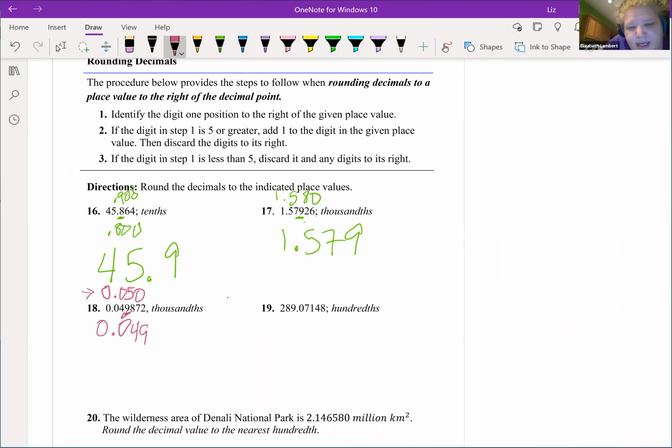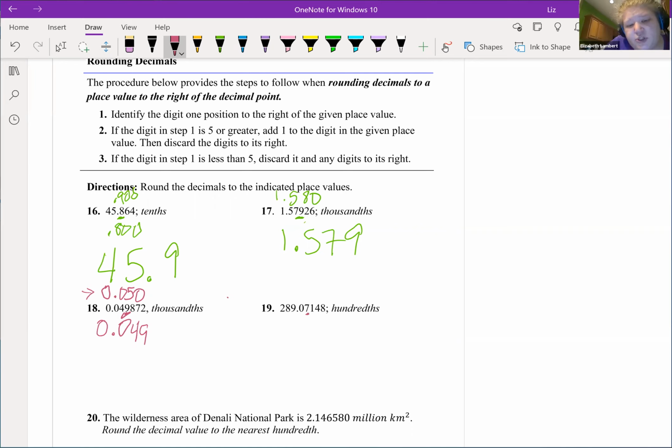All right, now this last one, we are rounding to hundredths. So we have 289 and 0.7148, 100 thousandths, good Lord. But we're going to focus on our hundredths, which is that 7. So I have the 7 and then I have 148.